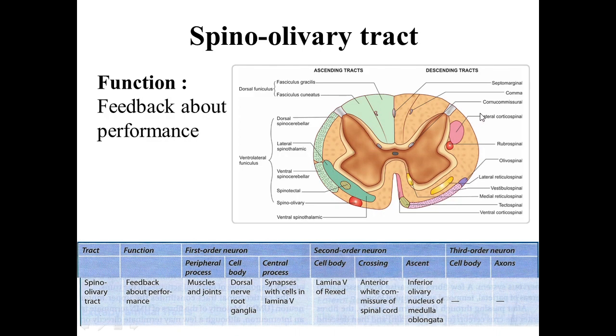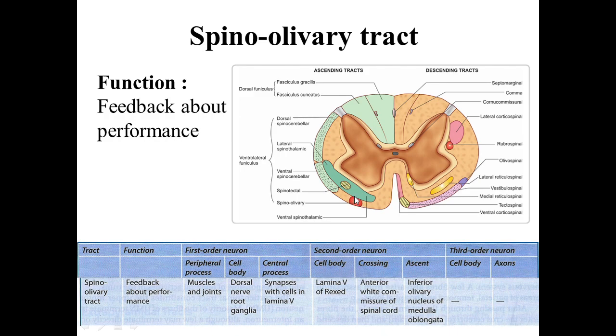Then from the dorsal root ganglia they enter into lamina 5 of the gray matter of the spinal cord. From lamina 5 the second order neuron arises. Then they cross to the opposite side in the anterior white commissure and enter into the anterior funiculus of the opposite side.